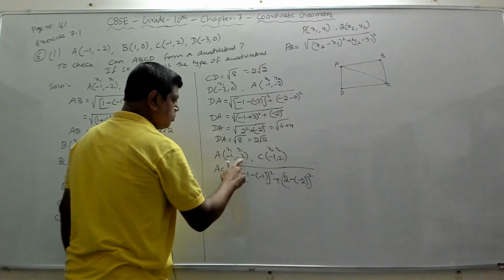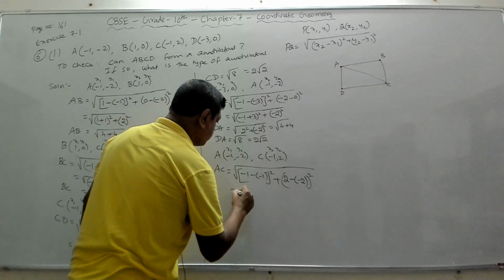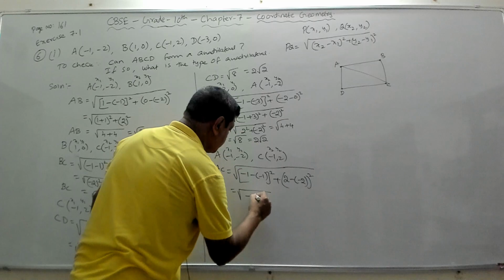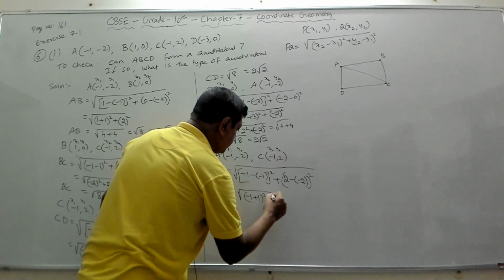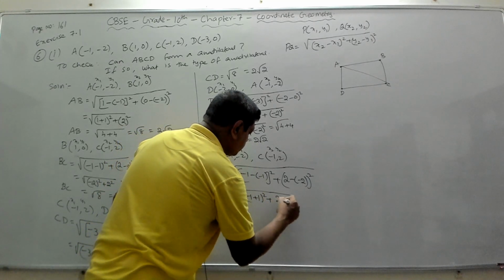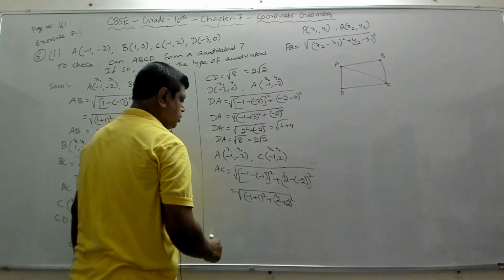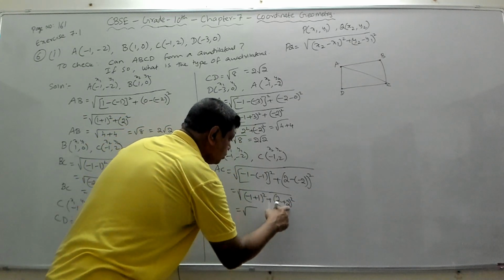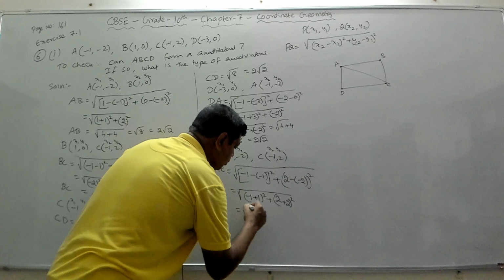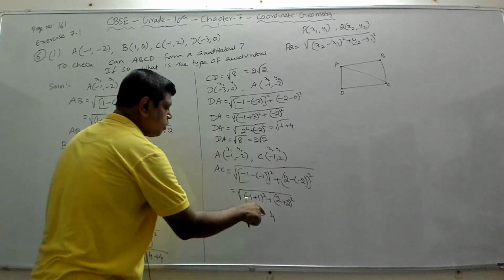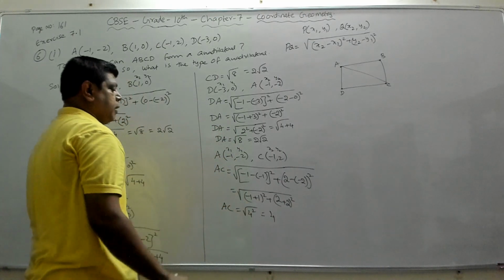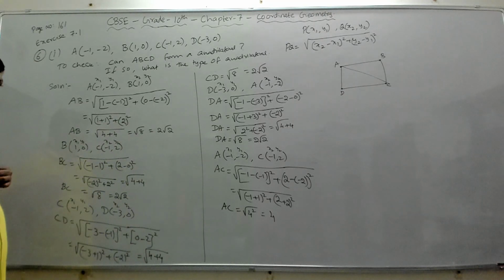That gives you the square root of (minus 1 plus 1) squared plus (2 plus 2) squared, which is the square root of 4 squared, or the square root of 16, which is 4. So AC is 4.